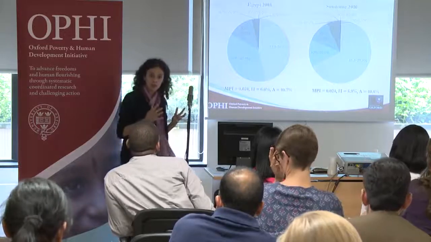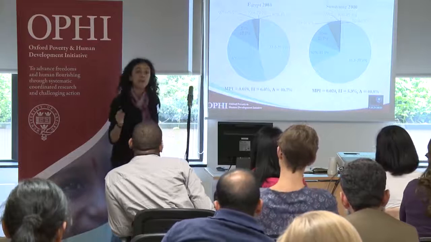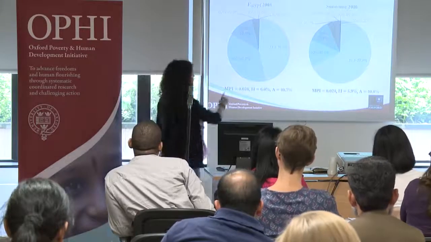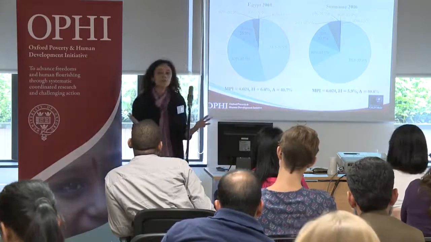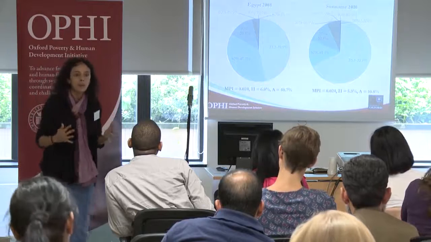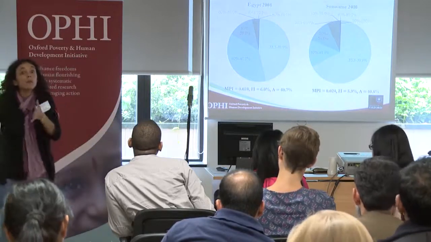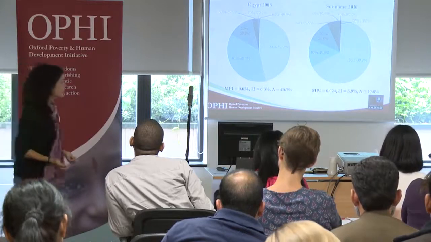What this pie shows is that in Egypt, more than half of the poor have deprivations above 49.9. So more than half of the poor are deprived in one half or more of the indicators.